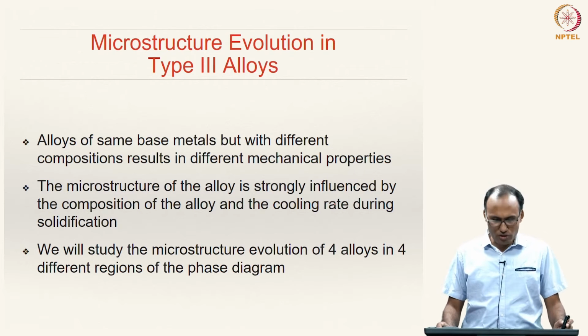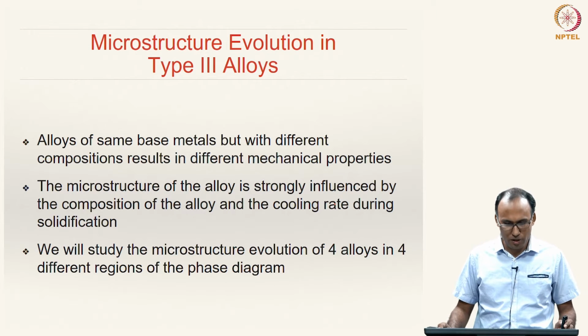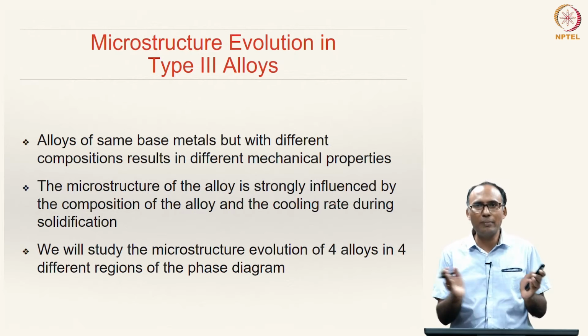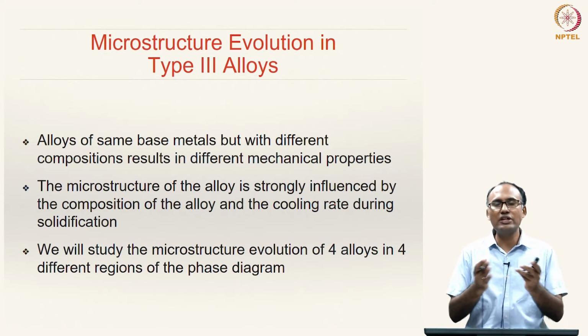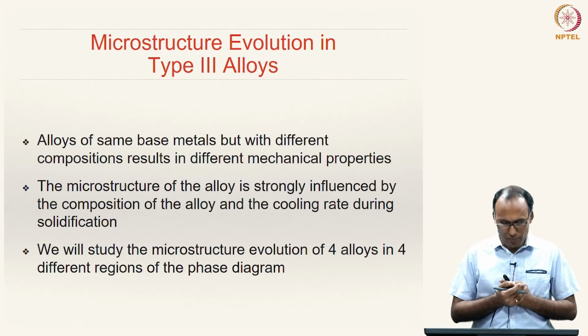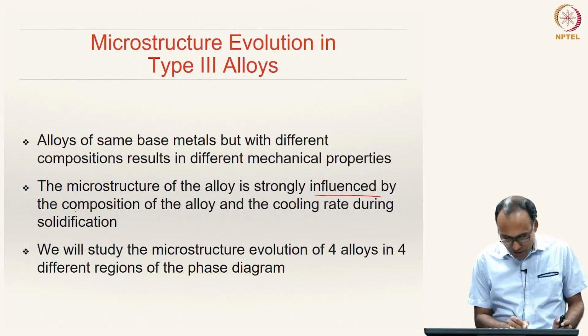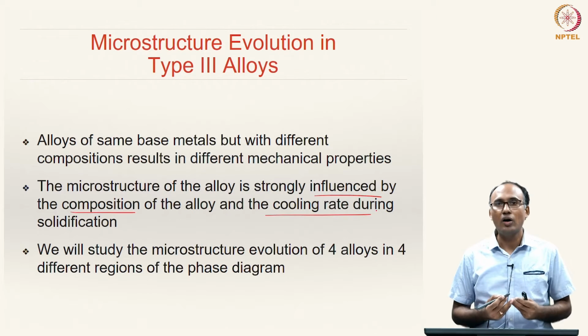So, how this microstructure looks is something that we will look at. We need to look at certain interesting aspects of these types of alloys. So, alloys of the same base metals, but with different compositions. That means A and B are the same, but different compositions will result in different mechanical properties, and that is the reason why we need to study their microstructures, because the microstructure is going to be strongly influenced by the composition of the alloy and the cooling rate during the solidification.